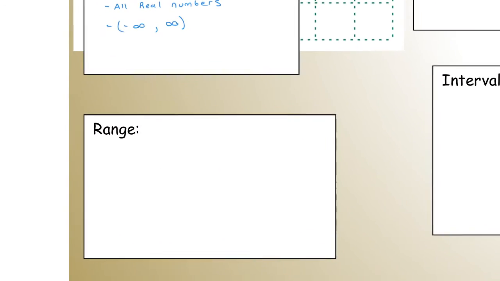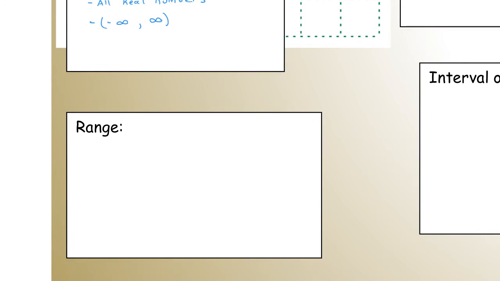Next thing we're going to talk about is the range, okay? What the range does is it describes all the y values. And since y values go up and down, we're going to read from bottom to top.